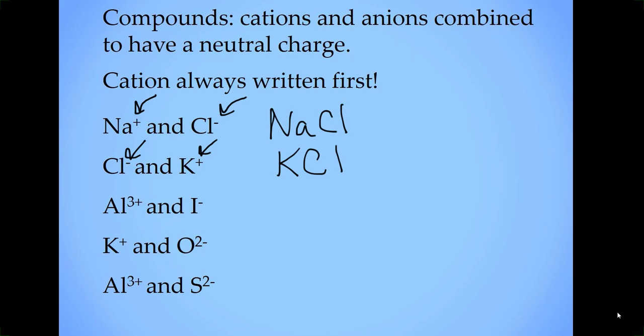Let's look at our third example. We have aluminum ion and then we have our iodide ion. We have a +3 and a -1. I cannot just stick them together like this because I'd end up with a total charge of +2. And we want to put them together so that they will be neutral.